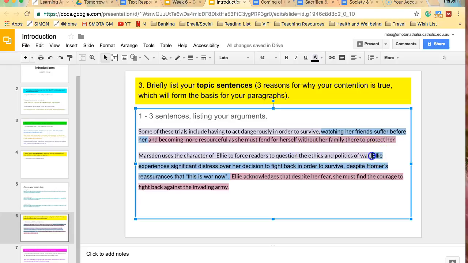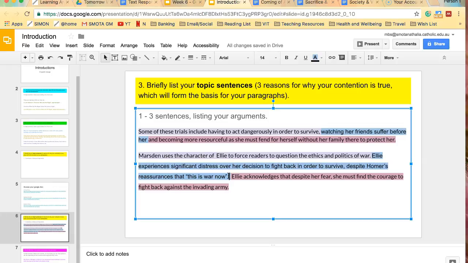The second one: Ellie experiences significant distress over the decision to fight in order to survive, despite Homer's reassurances that this is war now. So you could talk about her reflecting by the creek on her decision. You might talk about even the debate they have in their group with Robin, for example.